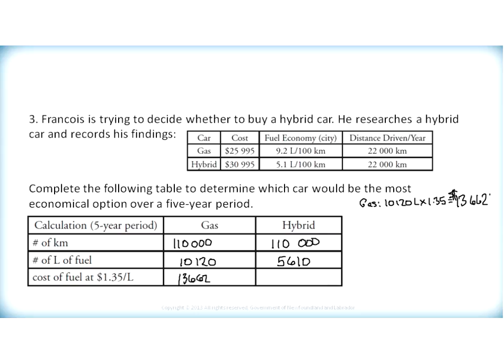For the hybrid car, we take the amount of fuel, multiply it by $1.35, and that works out to $7,573.50, not 50 cents.